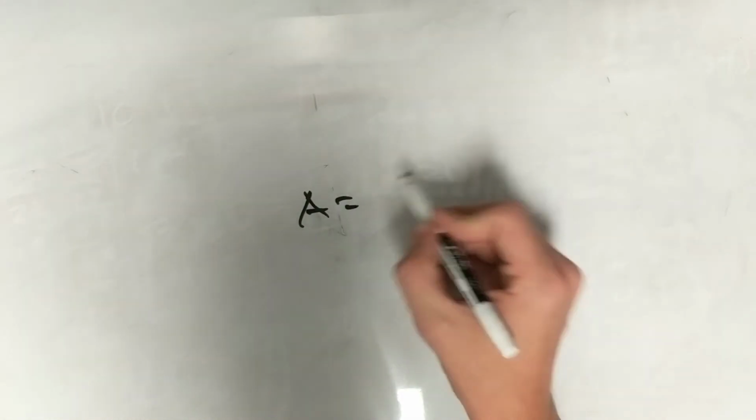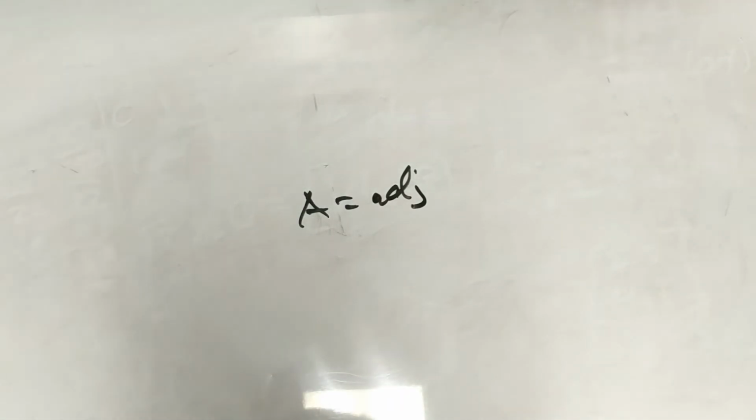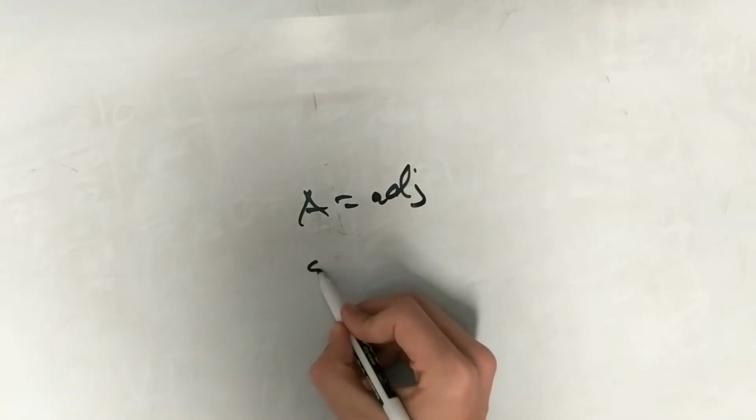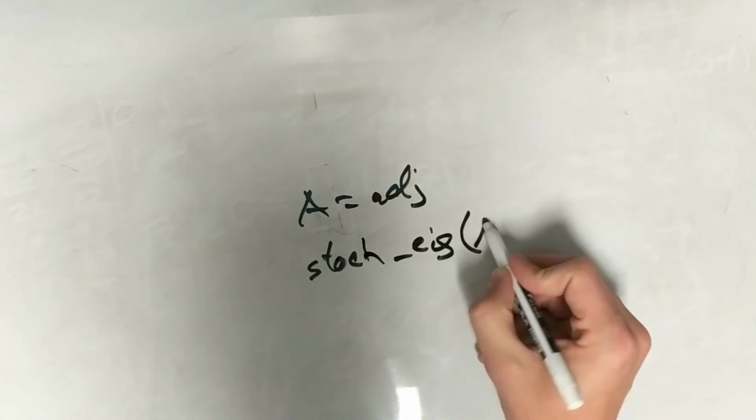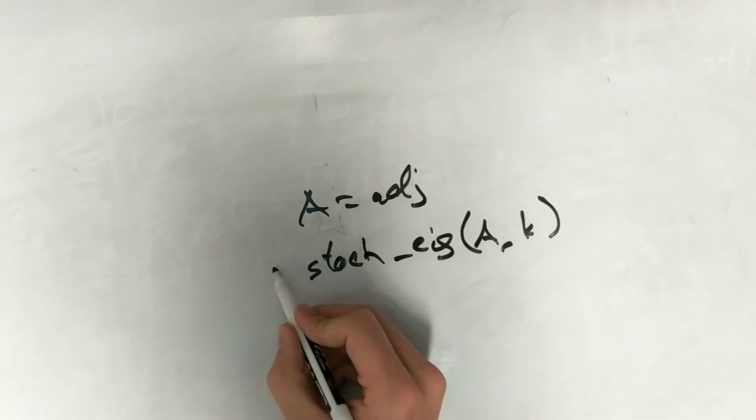So they want us to first create our adjacency matrix. I would say that's like A, and I would run adjacency matrix with the n and the edge list that they give us. And then once we get that adjacency matrix, we're going to run stoich eigen with that adjacency matrix and the k that we specify.